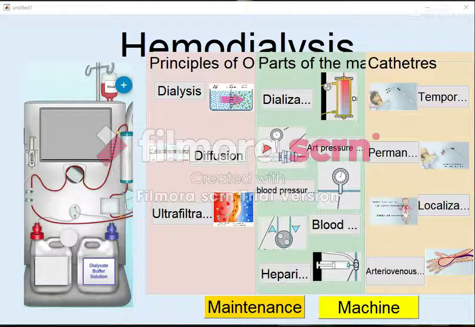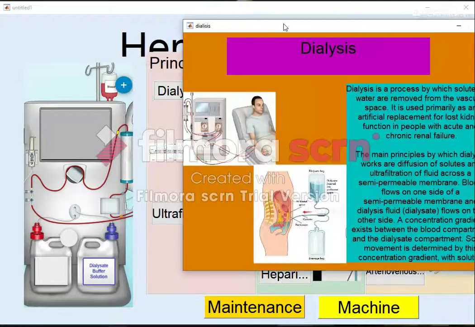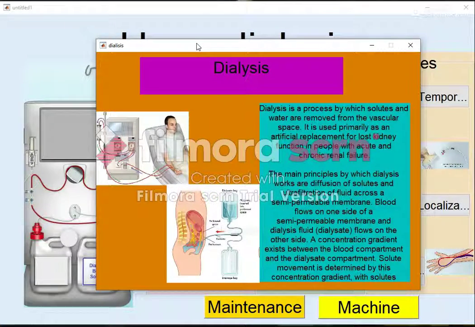The first part is the principles of operation, which is dialysis, a process by which solutes and water are removed from the vascular space.